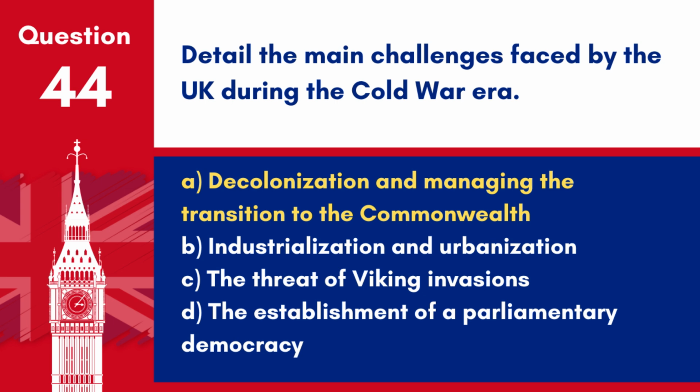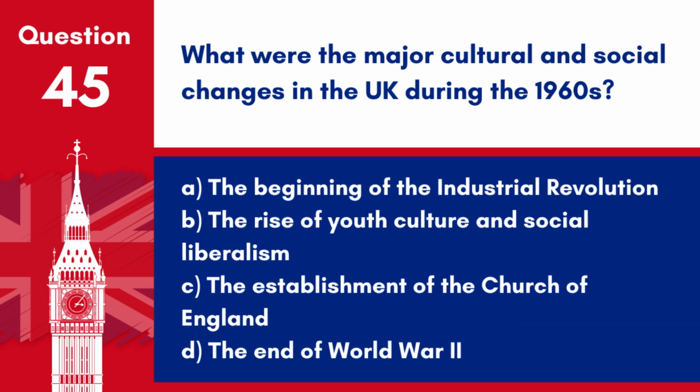Question 45. What were the major cultural and social changes in the UK during the 1960s? A. The beginning of the Industrial Revolution. B. The rise of youth culture and social liberalism. C. The establishment of the Church of England. D. The end of World War II.